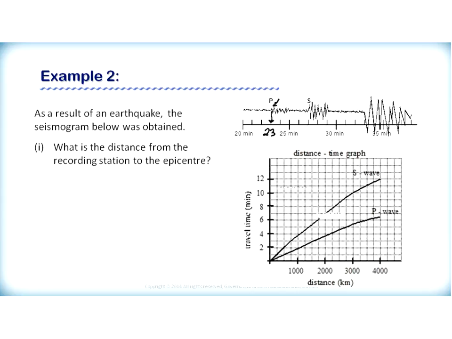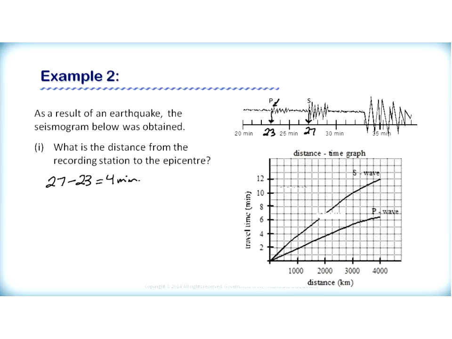The very first disturbance, record that straight down and record that time, and in this case it'll be 27 minutes. So we need the arrival time of both the P wave and the S wave in order to determine the difference in arrival time. Once we find the difference in arrival times, and in this case it'll be 27 minus 23 minutes, which equals 4 minutes.